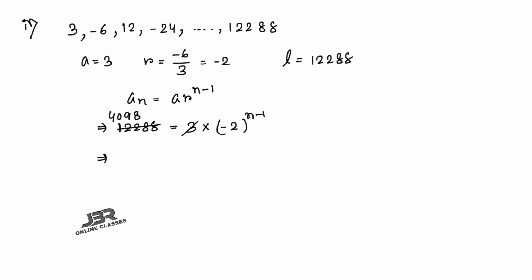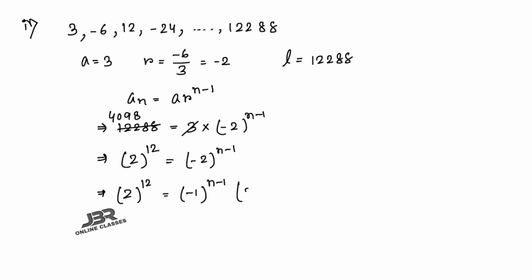So 4098 means 2 to the power 12, and here (minus 2) to the power n minus 1. You can write 2 to the power 12 and (minus 1) to the power n minus 1 times 2 to the power n minus 1. Clear? So n minus 1 equals 12, then n equals 13.